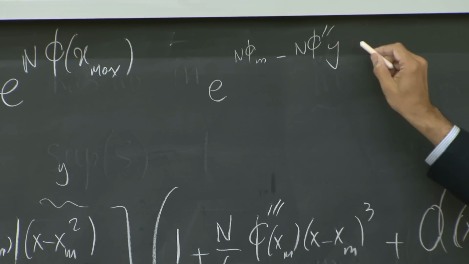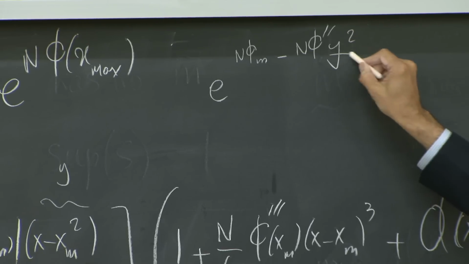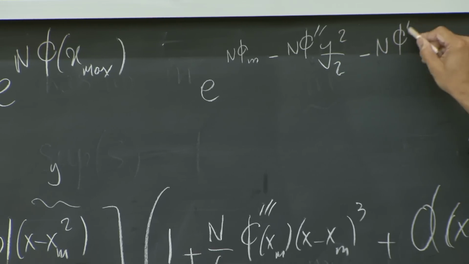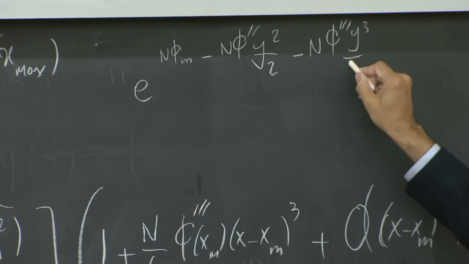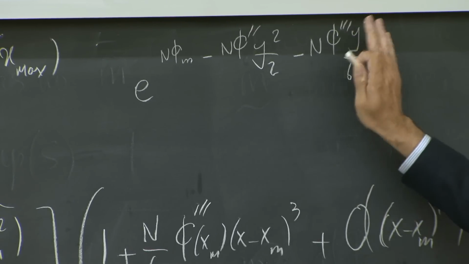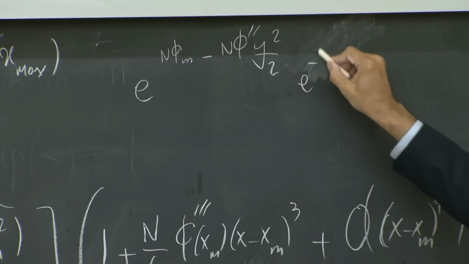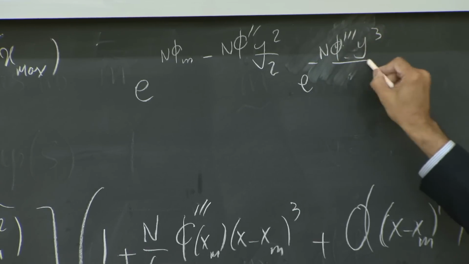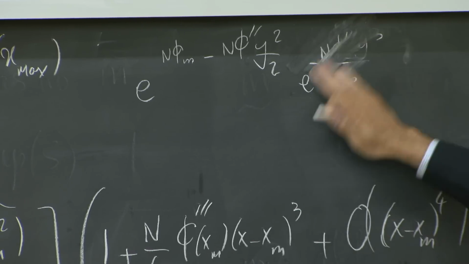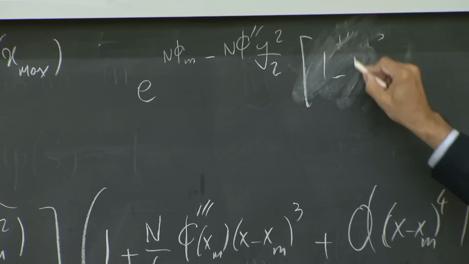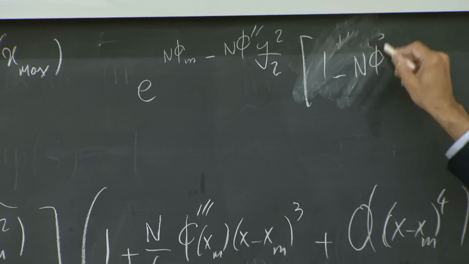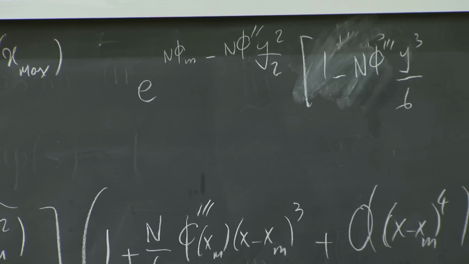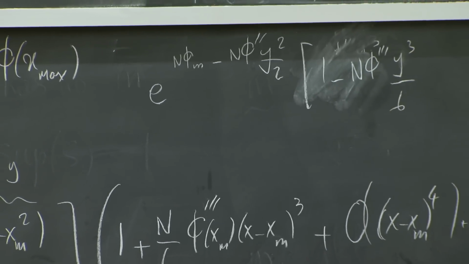So the next order term will be phi double prime y squared over 2. The next order term will be phi triple prime y cubed over 6. E to the minus n phi triple prime y cubed over 6 I can expand as 1 minus n phi triple prime y cubed over 6, which is what this is. And then you can go and do that with all of the other terms.